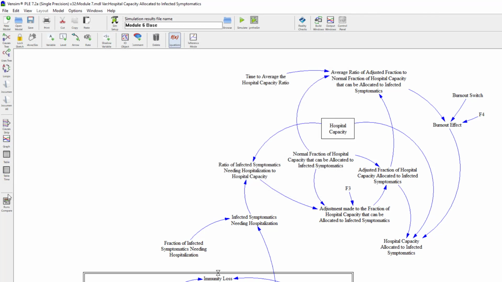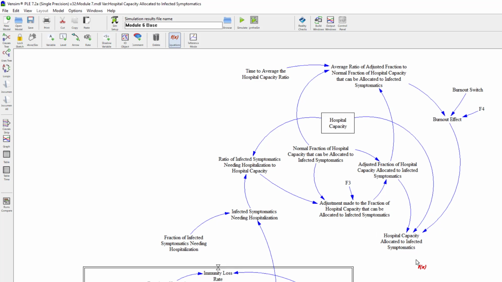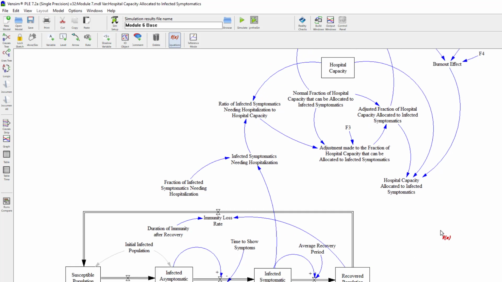So that's finally, after considering all this demand pressure and burnout, how many beds are actually allocated to infected symptomatics. Now we're going to calculate whether that was adequate. Did all the people who wanted to be hospitalized get hospital beds?